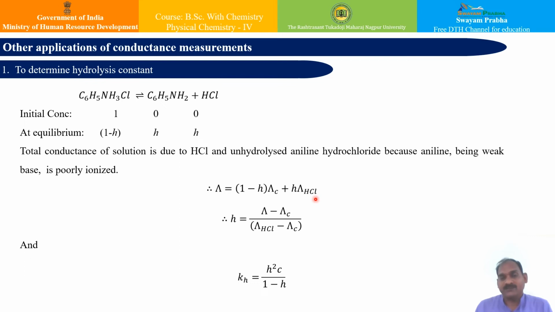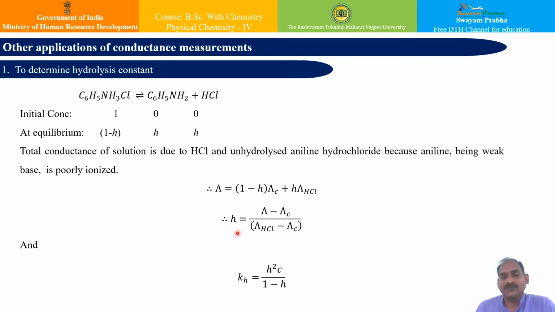Since aniline is poorly ionized, it does not take part in the conductance, and therefore h can be calculated using the expression h is equal to lambda minus lambda C upon lambda HCl minus lambda C. Here lambda C and lambda HCl are the equivalent conductances of the unhydrolyzed salt and the free acid, which can be determined using the Kohlrausch law.